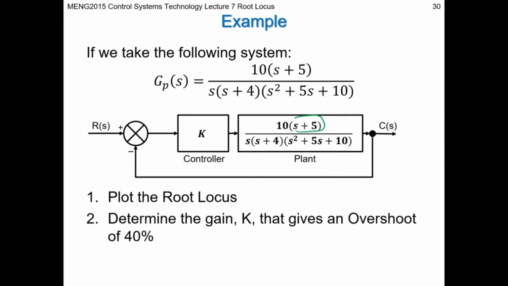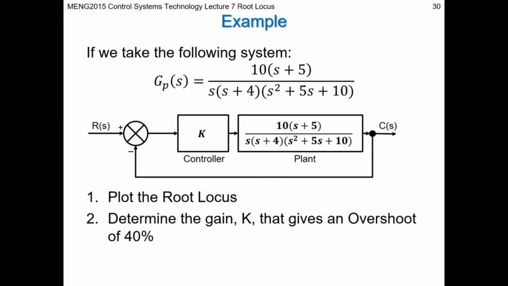We also have, in this case, a 0. So we know, again by observation, we have 1, 2, 3, 4 poles and 1 0. That means that one of our loci is going to start from one of these poles and end up at the 0. The other 3 loci, which start from the other 3 poles, are going to go off to infinity.